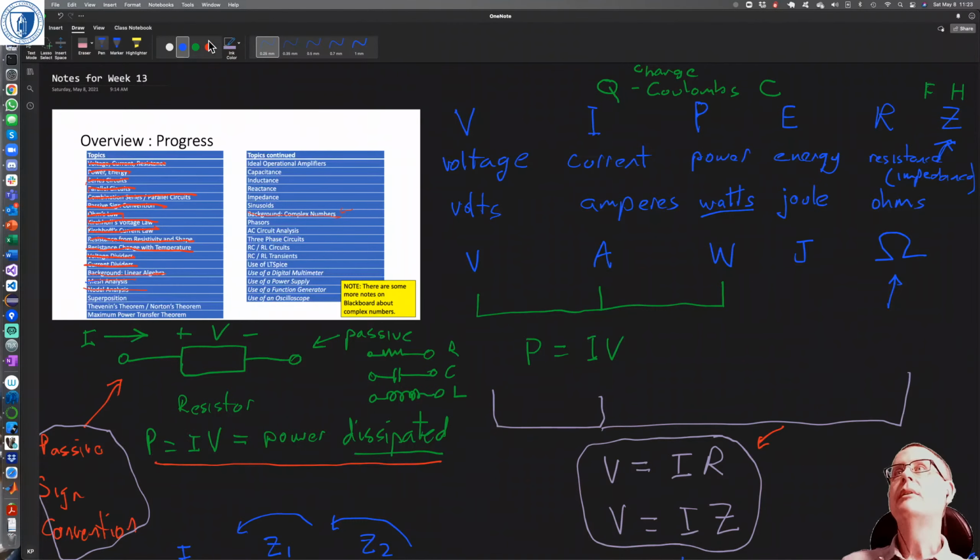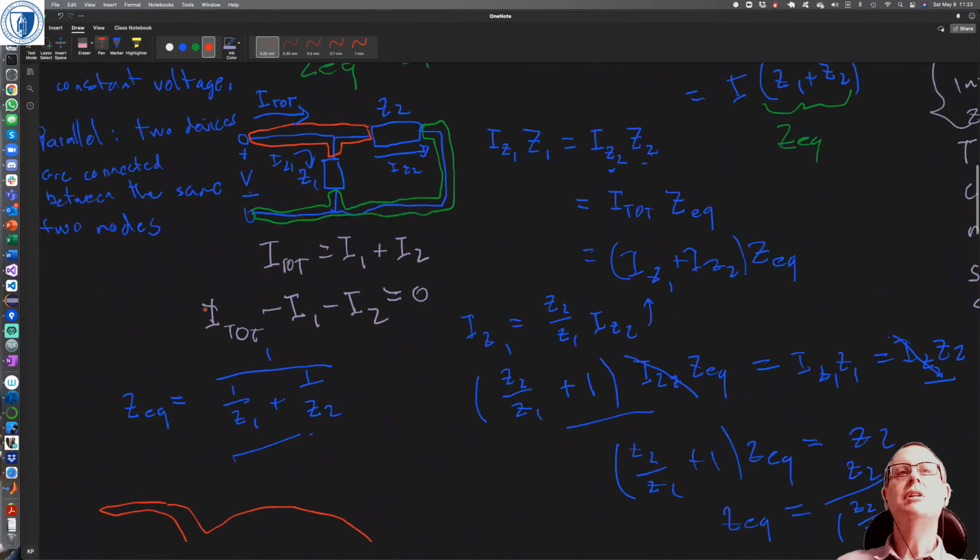Okay, so that's superposition and Thevenin and Norton's theorem.